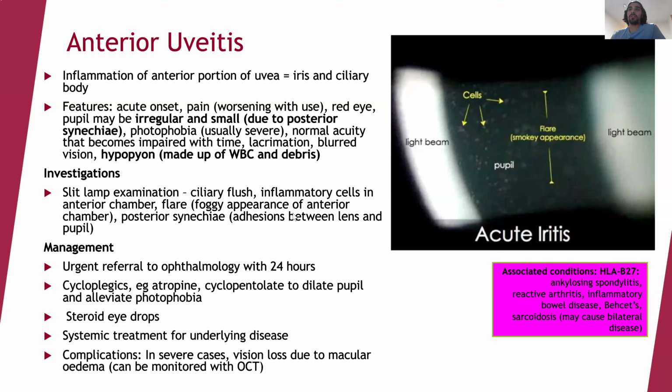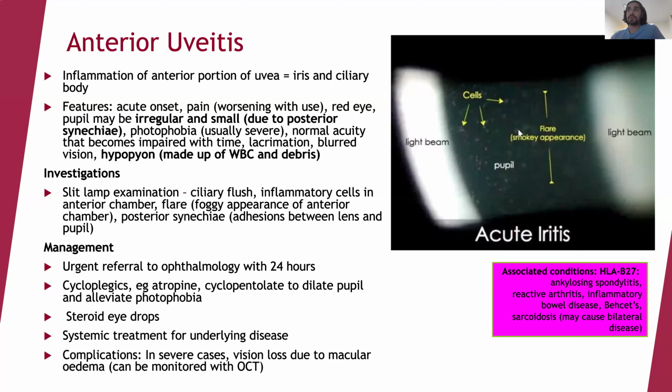And you might see this. So you get inflammatory cells in the anterior chamber. So you get that hypopyon, you get adhesions between the lens and the pupil. And because I said it could be threatening to your eyes, it is an urgent referral to ophthalmology. And you want to use cycloplegics such as atropine to dilate the pupil and stop the photophobia.